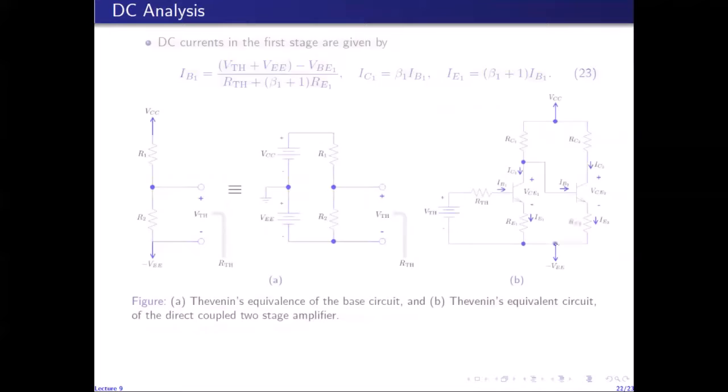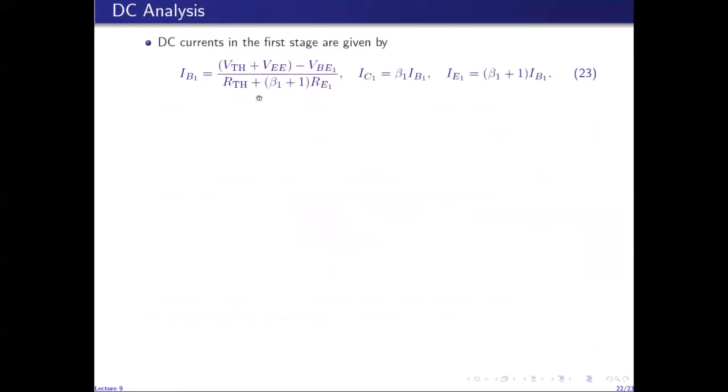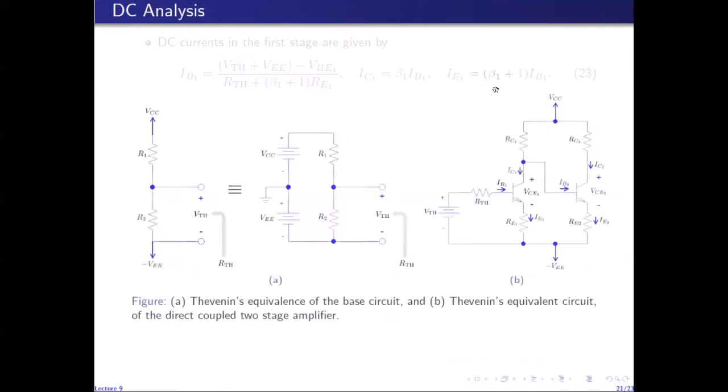So the DC current in the first stage can be analyzed as before by writing a KVL on the input side. So I get the usual expression as before, and then using the current gain of the transistor, which for the first stage is given by beta 1, I can find the collector current and the emitter current, this collector current and this emitter current.